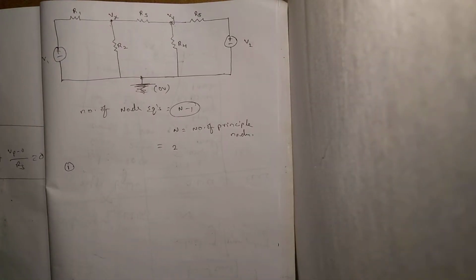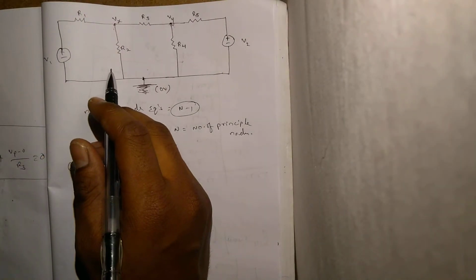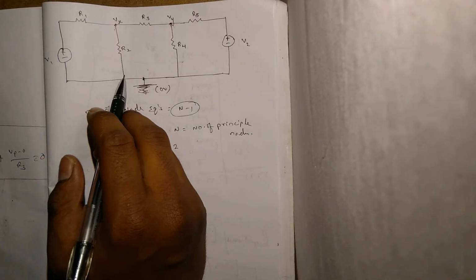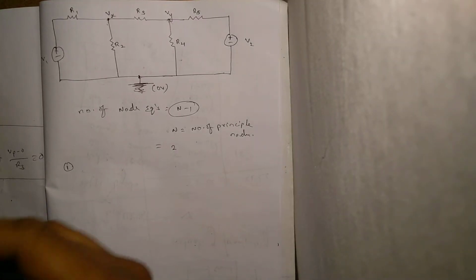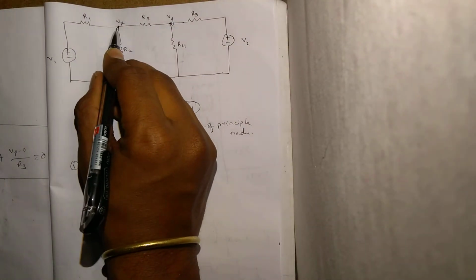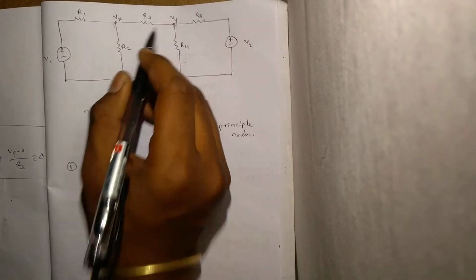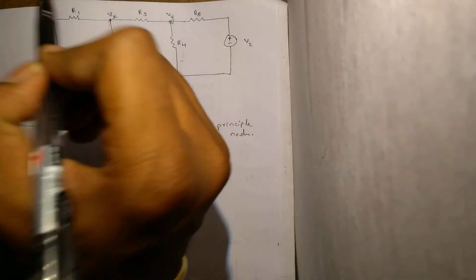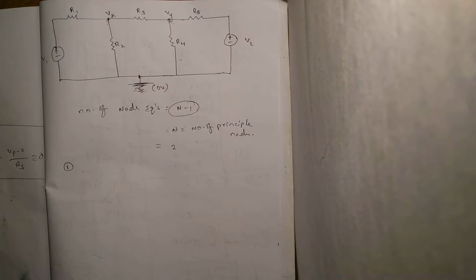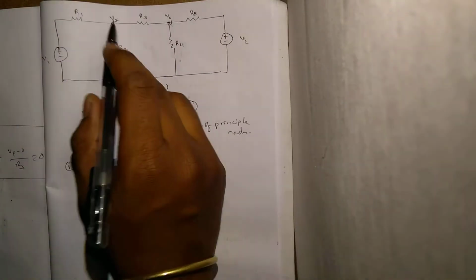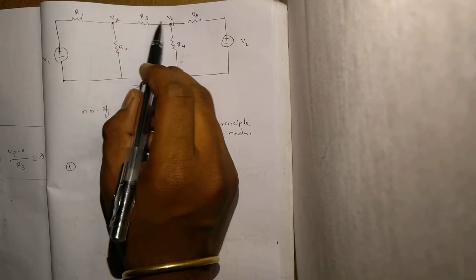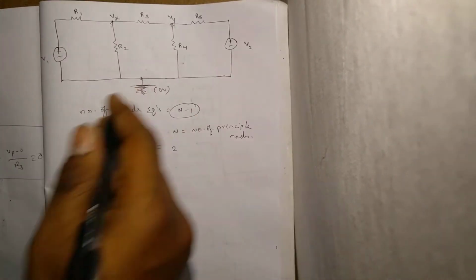As mentioned in the three-step standard procedure, the second step is to assign voltages to the remaining principal nodes. So I have assigned Vx to this principal node and Vy to this principal node. When considering node 1, Vx is greater than V1, Vx is greater than Vy, Vx is greater than V2, and Vx is greater than 0.